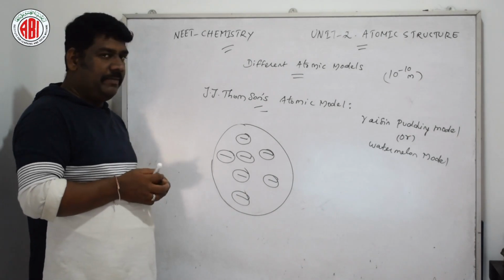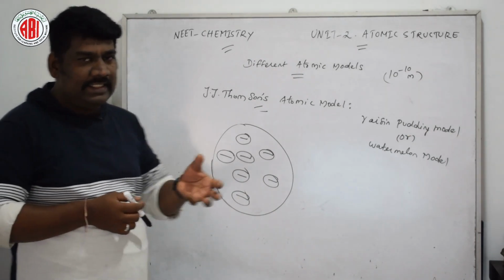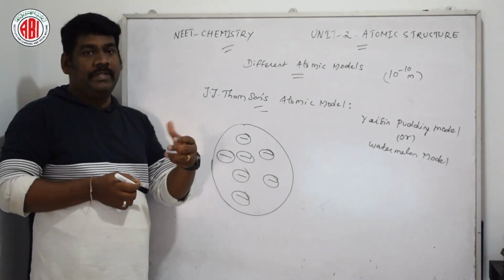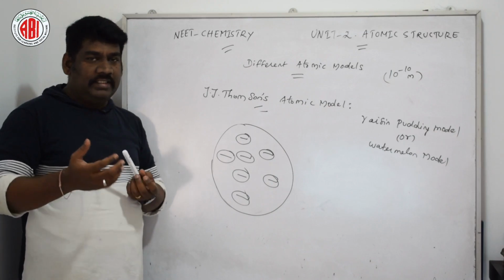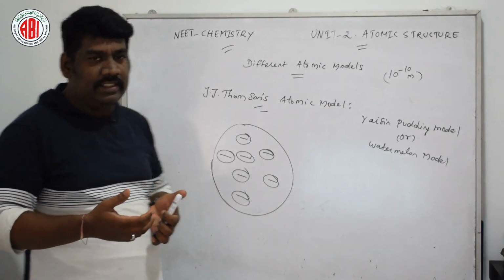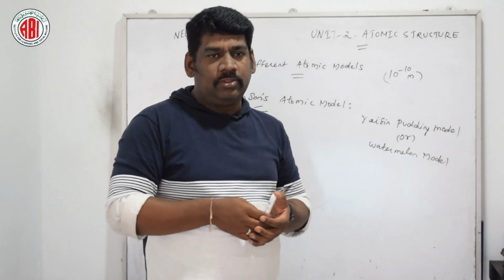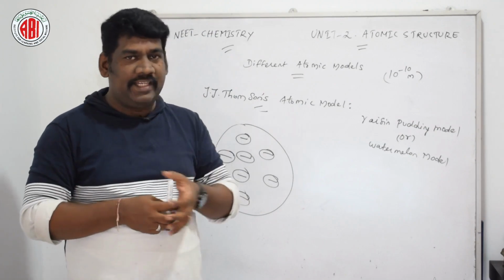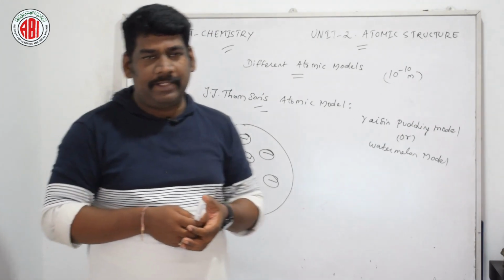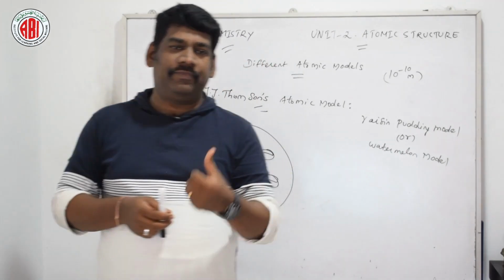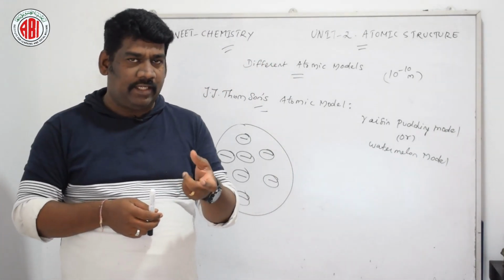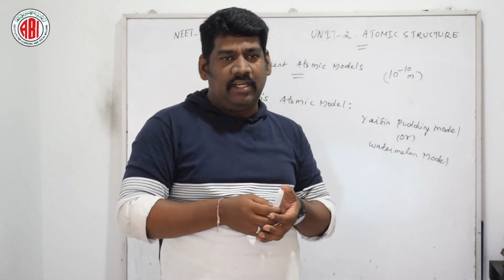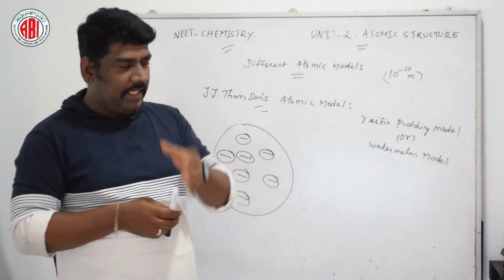But later this particular model was discarded, and there are certain reasons for that. When Rutherford did his alpha scattering experiment, he could postulate some points. He observed unusual scattering of alpha particles by a thin metal foil.